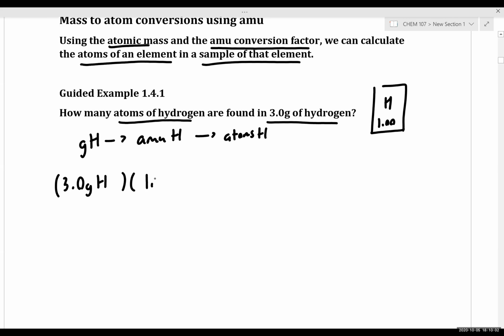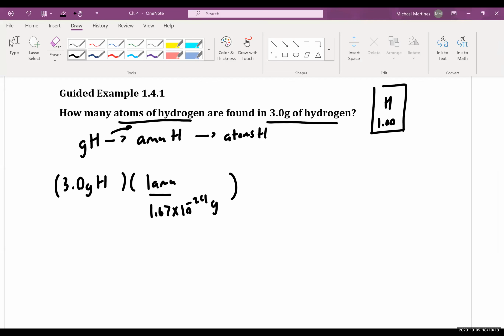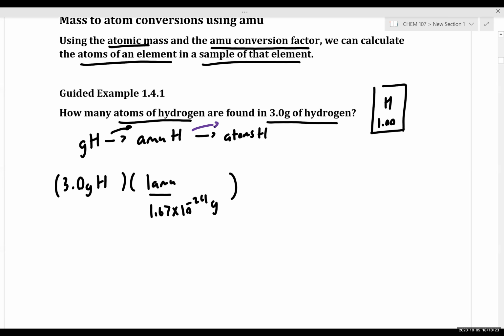So if we have 3.0 grams of hydrogen, we know that in 1 AMU, we have 1.67 times 10 to the negative 24th grams. AMUs are on top because we're converting to AMUs. Next, if we're going from AMUs to atoms, in 1 atom of hydrogen, we have 1.00 AMUs. AMUs cancel, grams cancel. We're left with atoms of hydrogen.